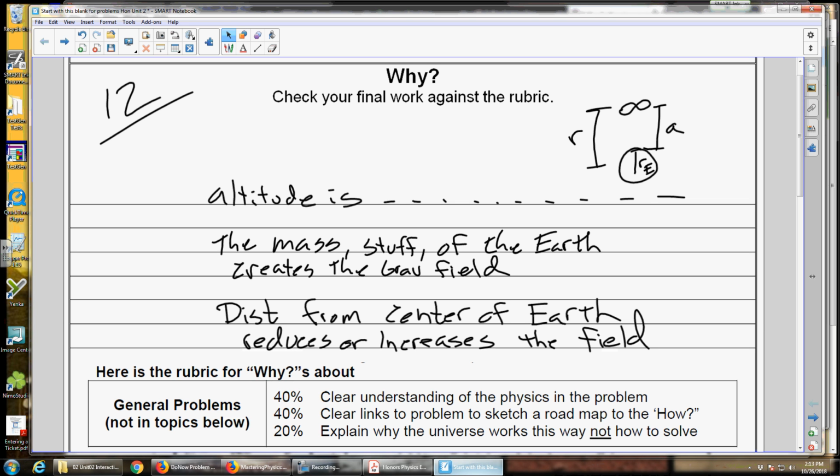Now, could I have gone further and said, well, the bigger the mass of the Earth, the more the gravitational field? Yes. So, probably if I was typing, my hand wouldn't have gotten as tired. You don't necessarily need to outwardly say this is why the universe works. It's kind of implied. Mainly on that one, I'm looking for you to be explaining why things are happening, not how to solve it. The how to solve it is the how. Yeah.